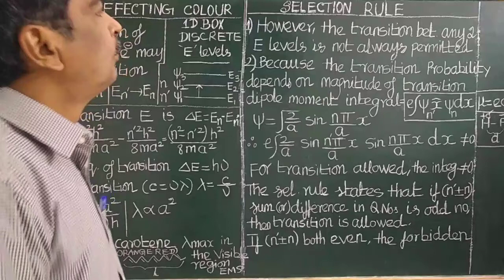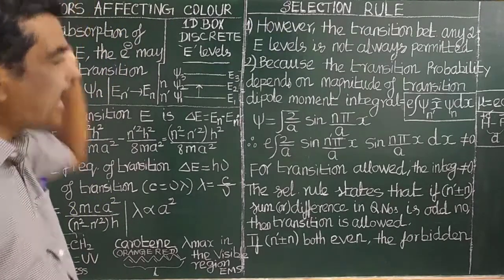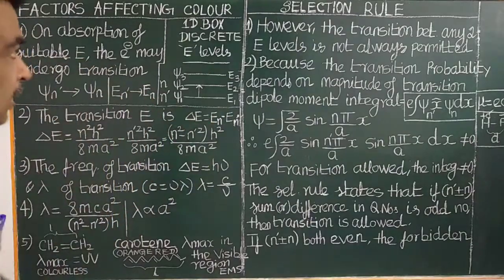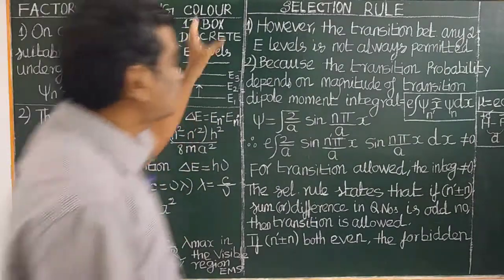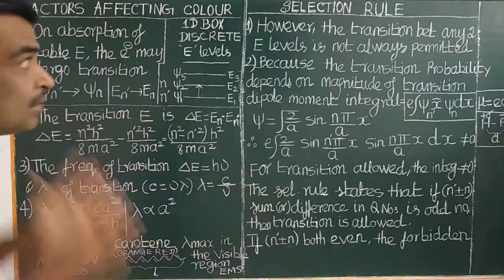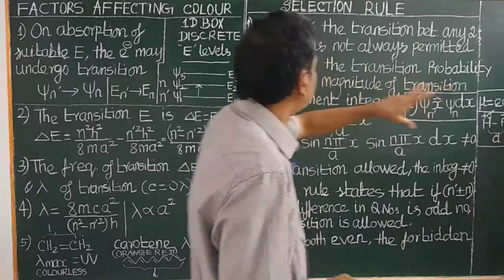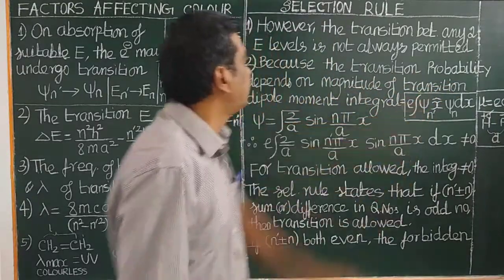Good morning, வணக்கம். இன்னைக்கு நம்ம என்ன பார்க்க போறோம் அப்படின்னா, what are the factors affecting the color and the selection rule. Selection rule வந்து எப்படி வந்து மேத்தமெட்டிக்கலா டெரைவ் பண்றது from transition moment integral, transition dipole moment integral.